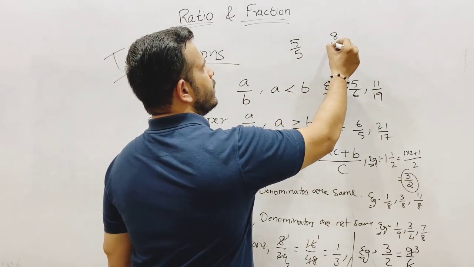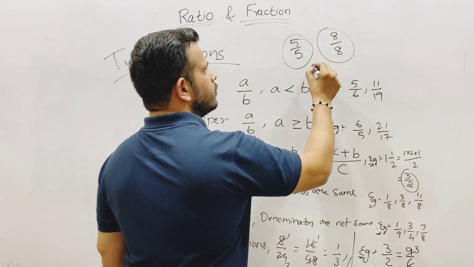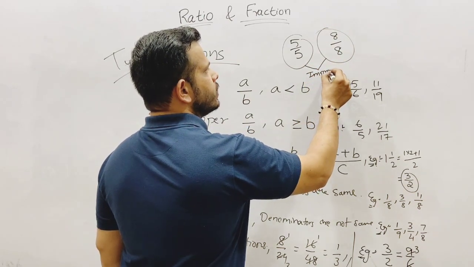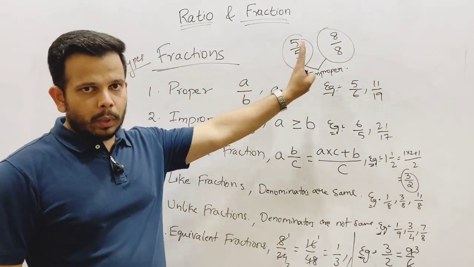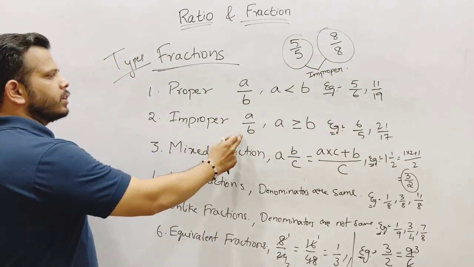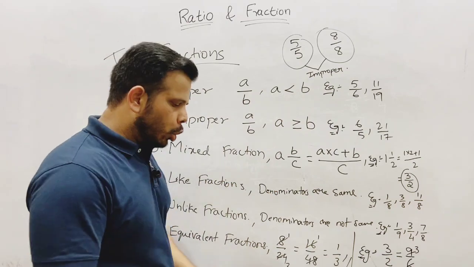What about 8 by 8? These both are what? Improper fractions. If the numerator and denominator are equal, then those are also improper fractions. See, A greater than or equal to B. Clear? Hope you understood.